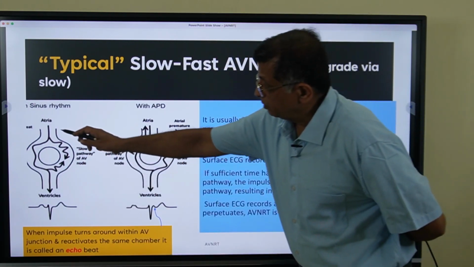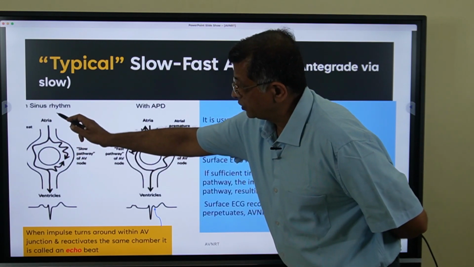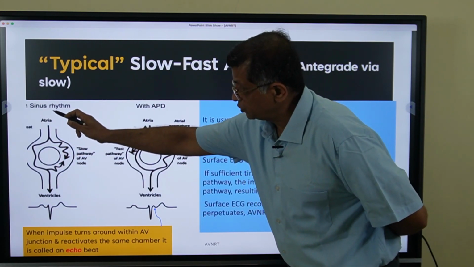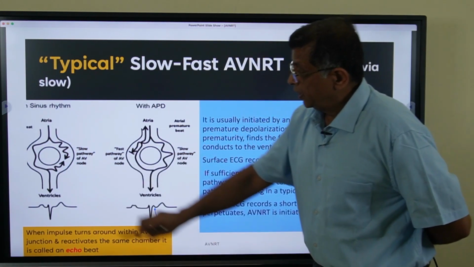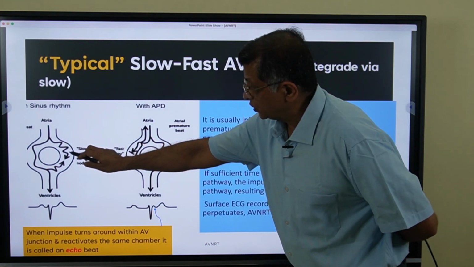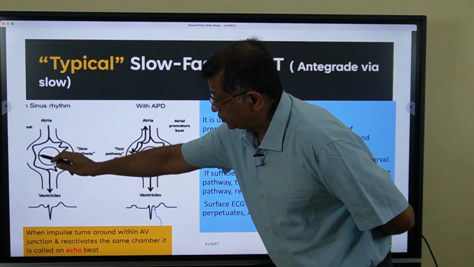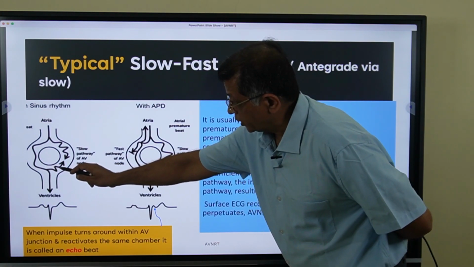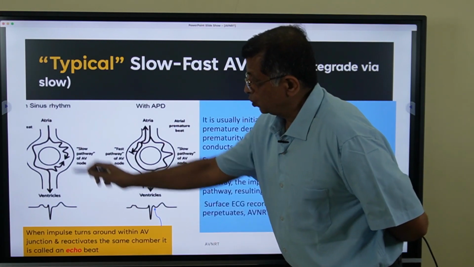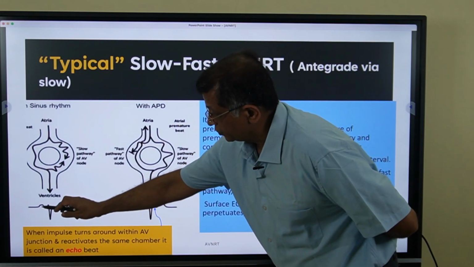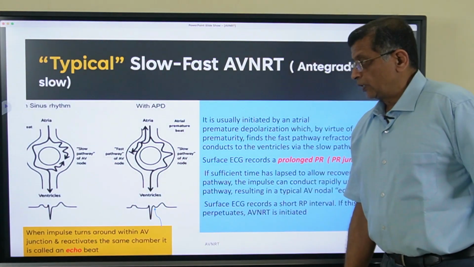Whenever the normally timed impulse comes from the atria, it goes via the fast pathway and goes to the ventricles. It also slowly goes to the slow pathway, but when the impulse reaches the ventricle, it retrogradely goes through the slow pathway and the 2 impulses cancel each other. So we get a normal sinus rhythm with P wave, normal PR interval and the QRS complex.